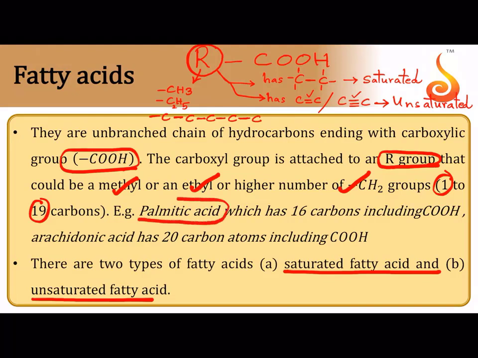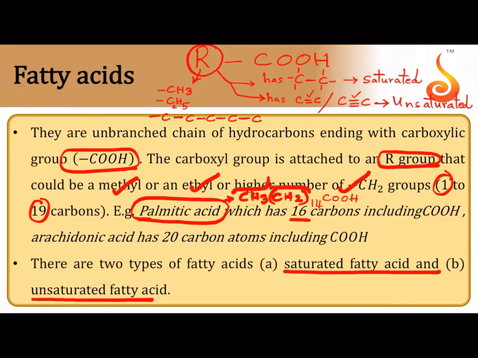Palmitic acid is an example for saturated fatty acid. It has a total of 16 carbon atoms, including the COOH. So you can say the formula of palmitic acid is CH3(CH2)14COOH. Now which is the R group over here?